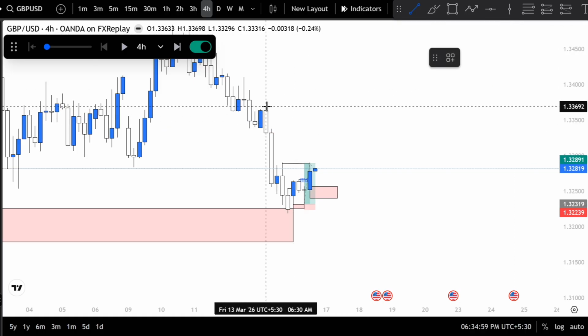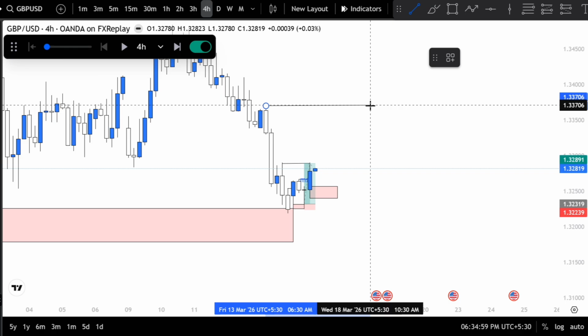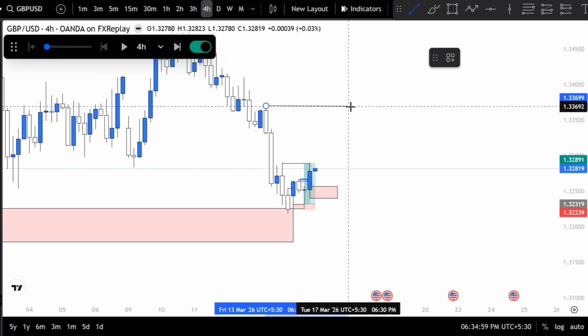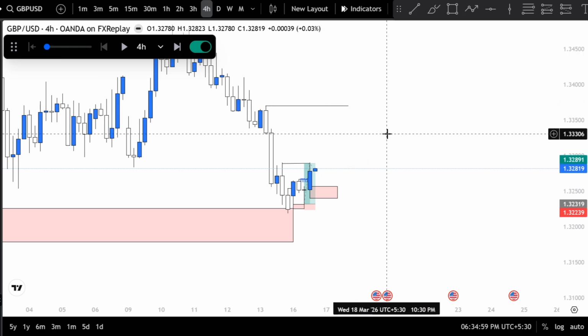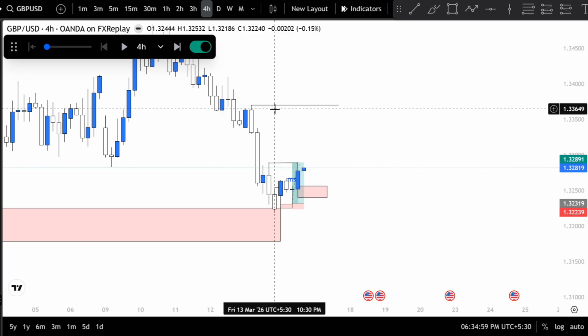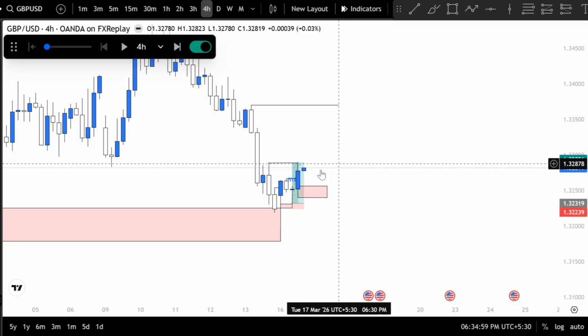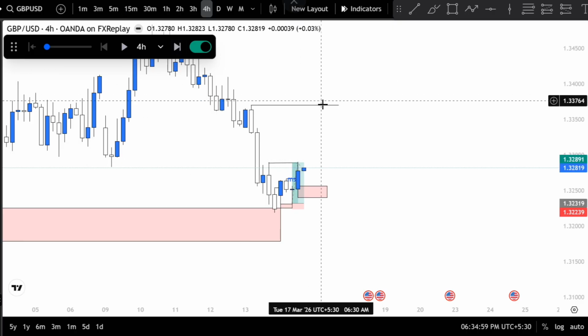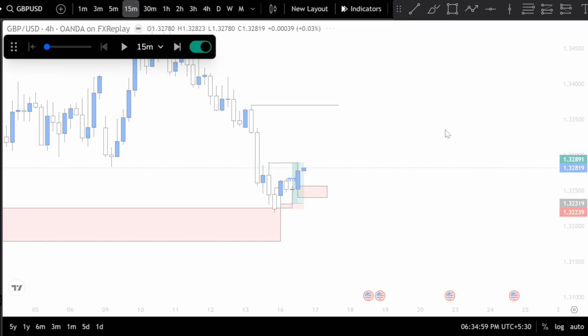My final targets would be above this high. That's only if we are doing swing trading, but if we are into intraday trading, we'll have to target the recent swings and recent lows.